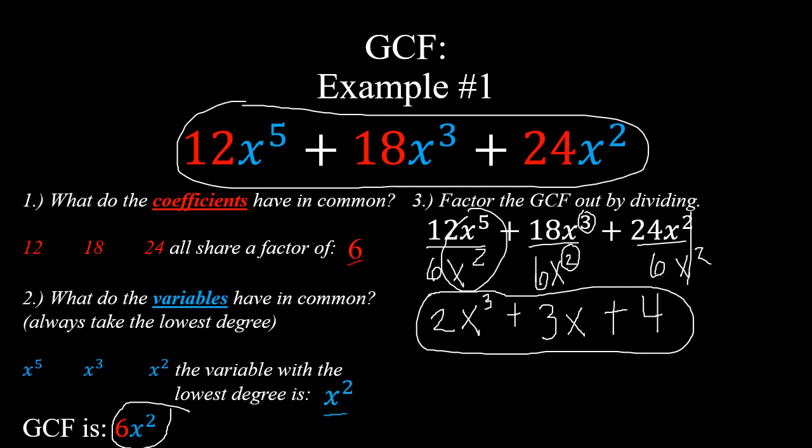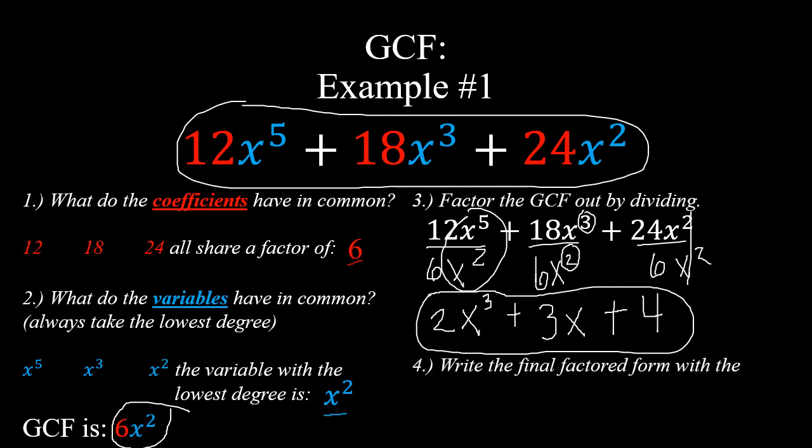When we pulled our GCF out of our original polynomial, we were left with 2x cubed plus 3x plus 4. And this is that last step that I said most students forget. When you write your final factored form, you have to remember to include your GCF.